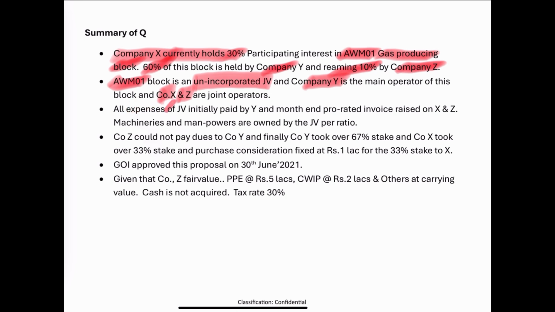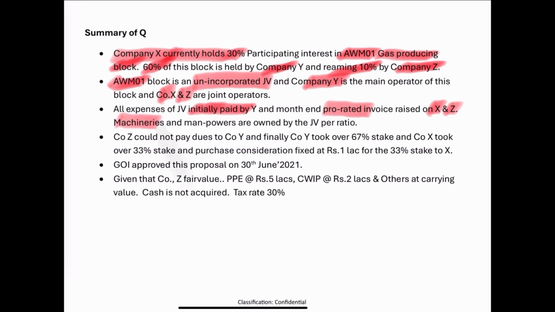All the expenses of this JV are initially paid by company Y, and at every month end, on a prorated basis based on the investment, company Y raises an invoice to X and Z for the monthly expenses, and company X and company Z are supposed to make payment to company Y for their share of expenses.